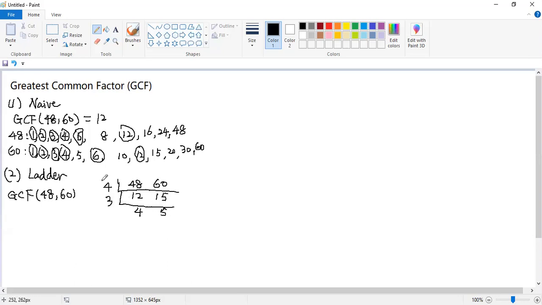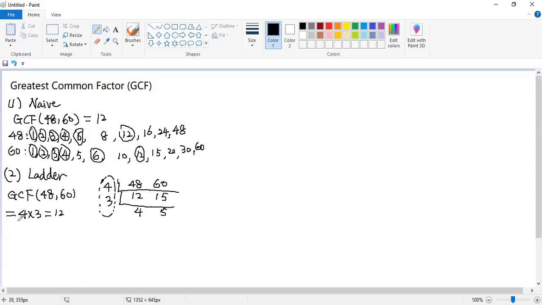And the GCF equals the product of the numbers on the left side. So it equals 4 times 3 equals 12. See, we get the same answer. When we are given some large numbers or three or more numbers, the ladder method would be more efficient.